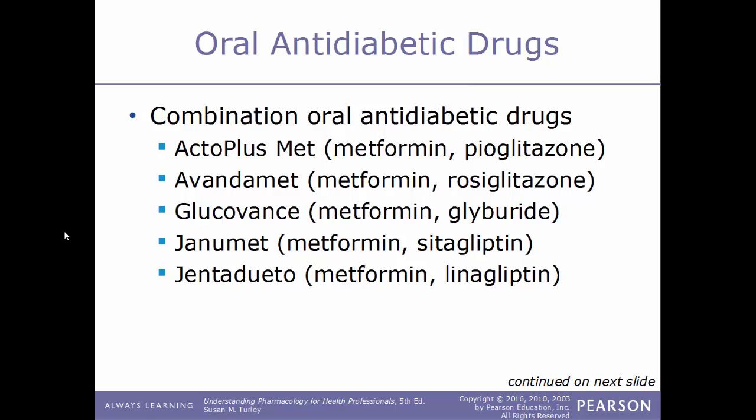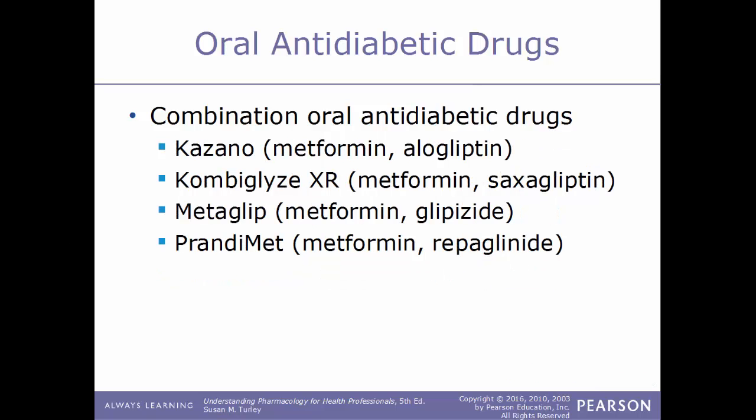Some examples of common combination oral antidiabetic drugs: Actoplus Met, combination of metformin and pioglitazone; Avandamet, combination of metformin and rosiglitazone; Glucovance, combination of metformin and glyburide; Janumet, combination of metformin and sitagliptin; and Jentadueto, which is a combination of metformin and linagliptin.